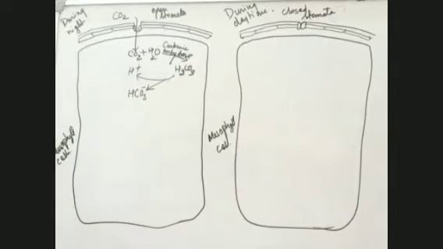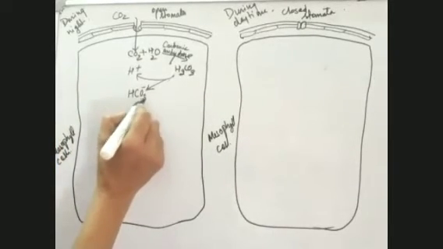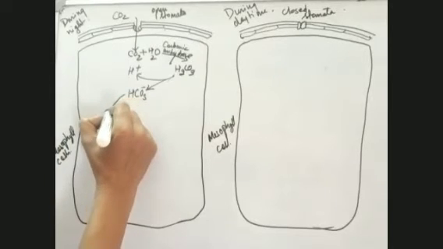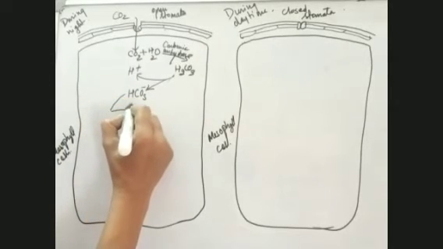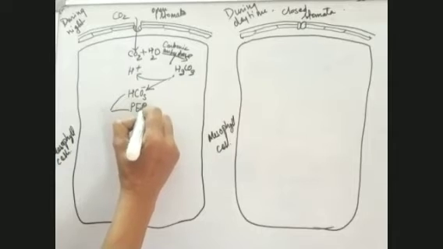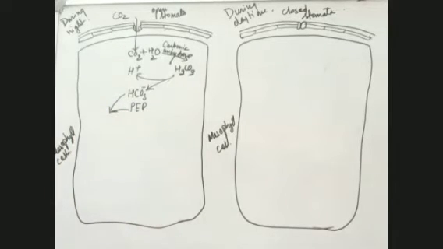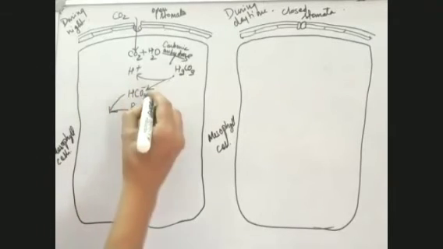This will be picked up by an acceptor, and that acceptor is phosphoenol pyruvate. So we can make PEP here. You know the full form of PEP, or shall I write it here? PEP is phosphoenol pyruvate.